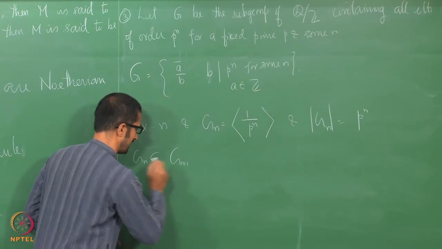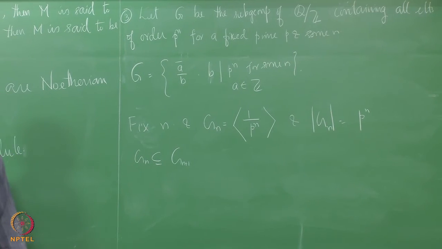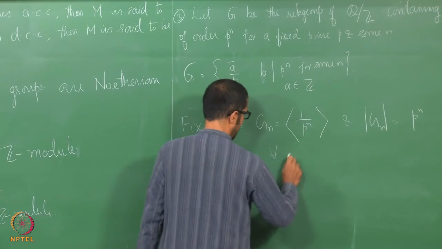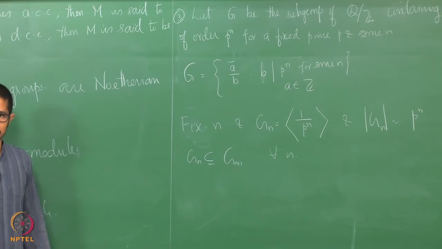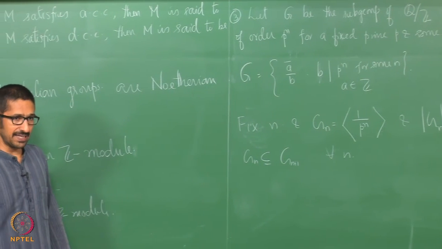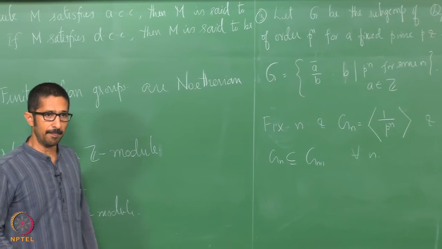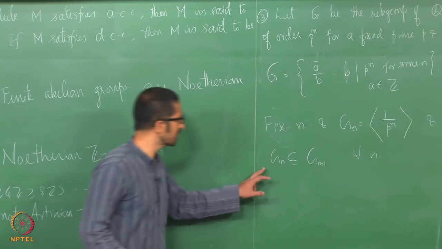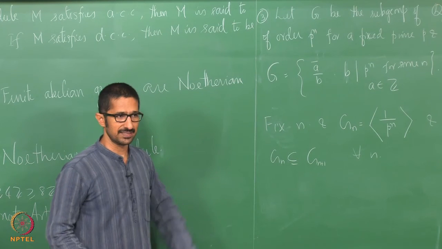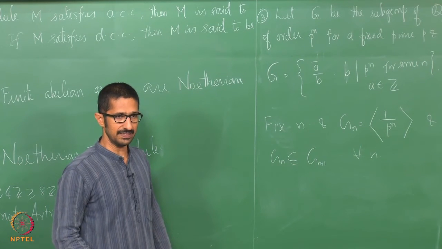G n is contained in G n plus 1, right. And if you take any element in G, it will be in one of those G n's, right.